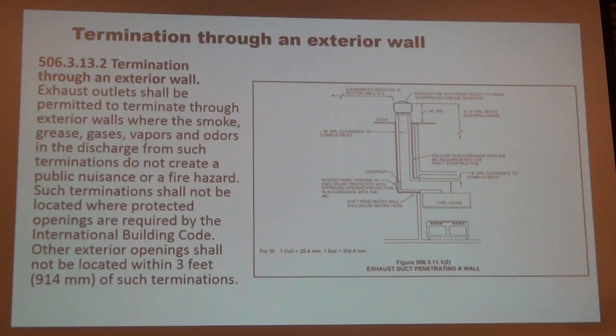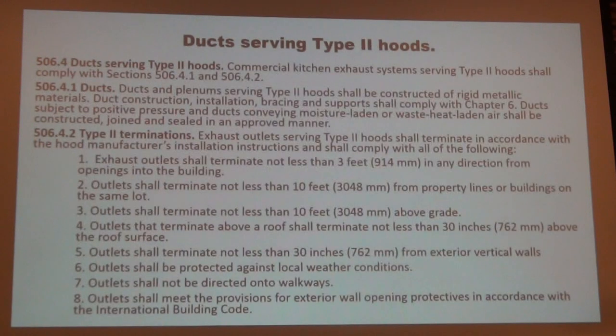Termination through an exterior wall. And then we need to be going through here. Then type 2 terminations: 3 feet away from any openings of buildings, and not less than 10 feet from property lines on the same lot.